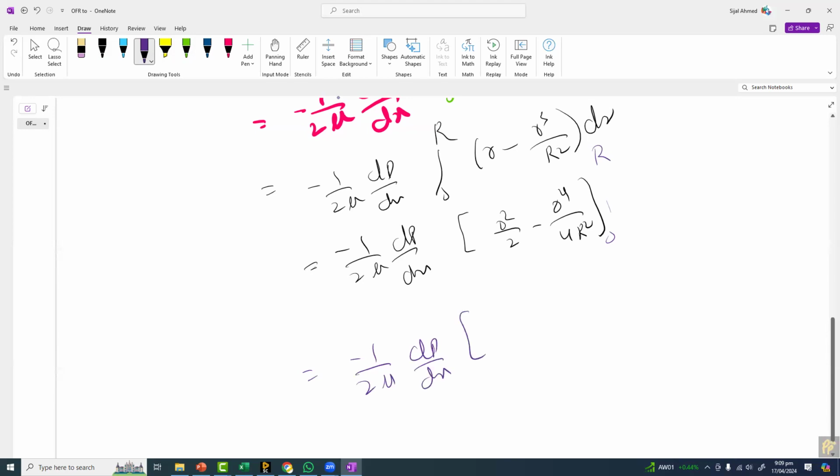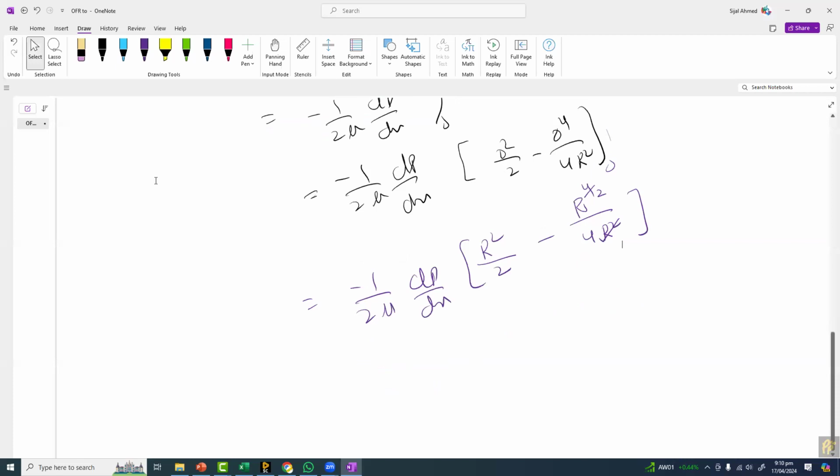If you put a zero value, this will be zero, so there's no point of showing that step. So simply put the capital R: R square upon 2 minus R power 4 upon 4 R square. R power 2 will cancel out and only R square will be there.